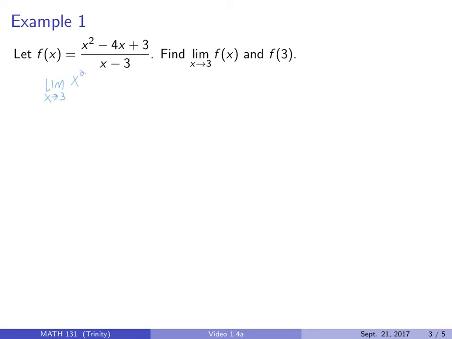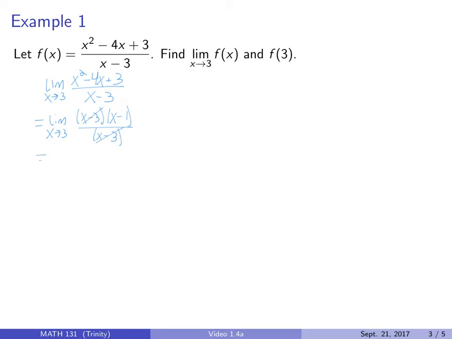To do this, we're going to factor the numerator and then use the cancellation theorem. So the numerator factors into the quantity x minus 3, x minus 1 over x minus 3, and then my x minus 3's cancel.